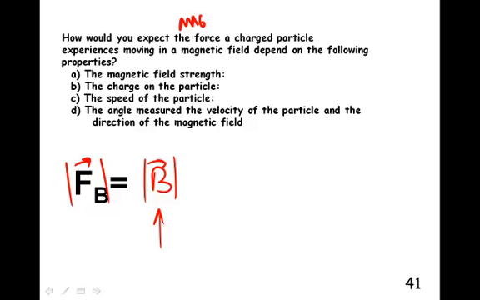If the magnetic field goes up, force should go up. How about the charge on the particle? I would think it was directly proportional to charge too, because I'd expect the magnetic force to go up if I have more charge. So that makes sense, doesn't it? Let me move this over so it ends up looking the way I want it to look in the end.